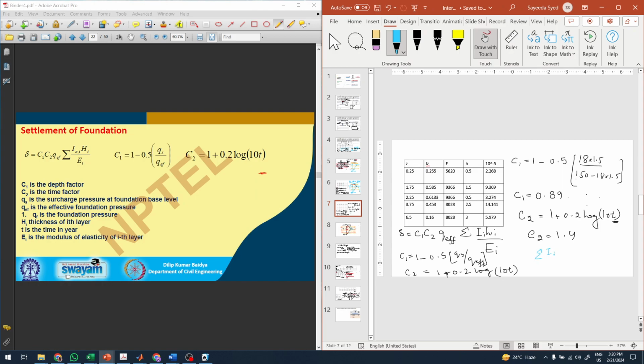Summation of I H over E is 35.031 into 10 to the power minus 5. Okay, so based on this, let us calculate the delta.